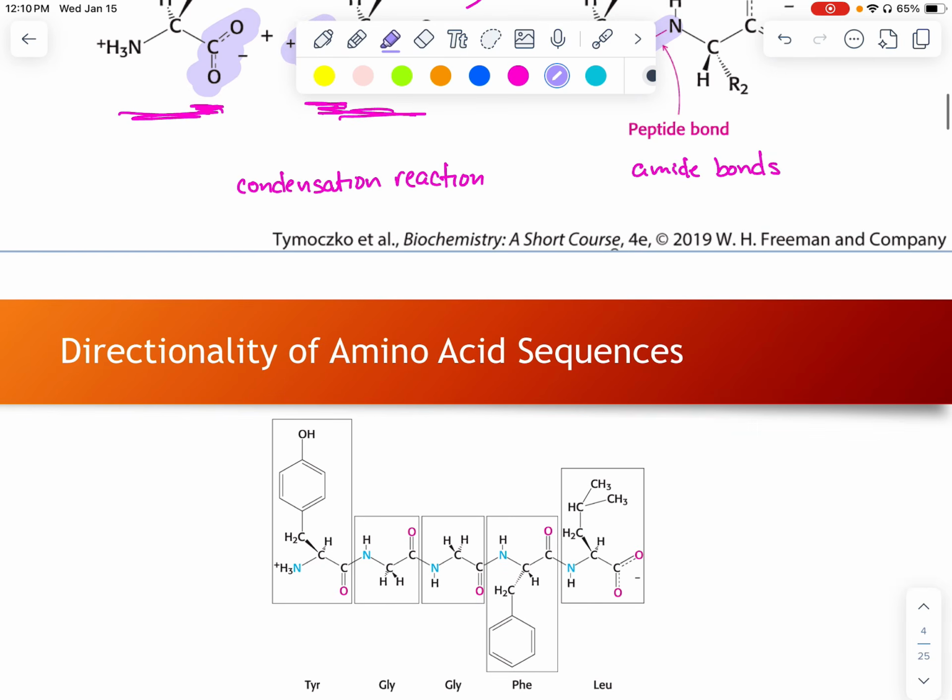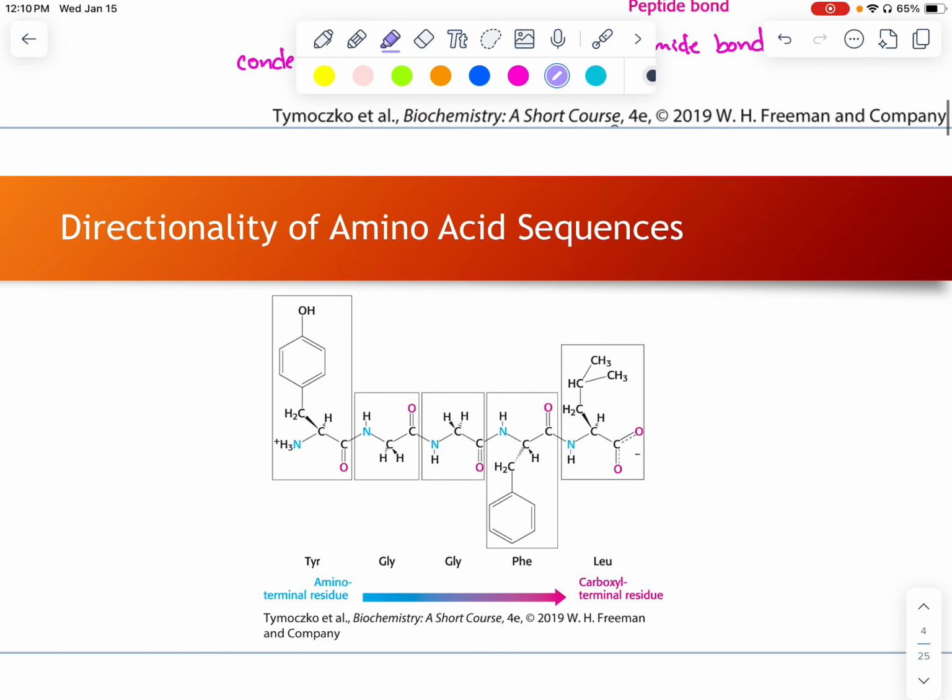If we think about the amino acid sequence, as we write an amino acid sequence, we're always going to write it from the amino terminal end to the carboxyl terminal end. And the order of the amino acids is the primary sequence. When I look at this picture, I say, wow, that's tyrosine.